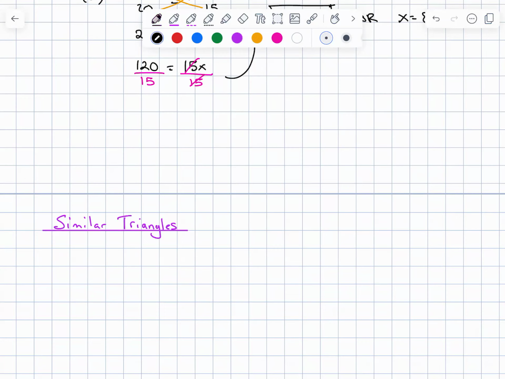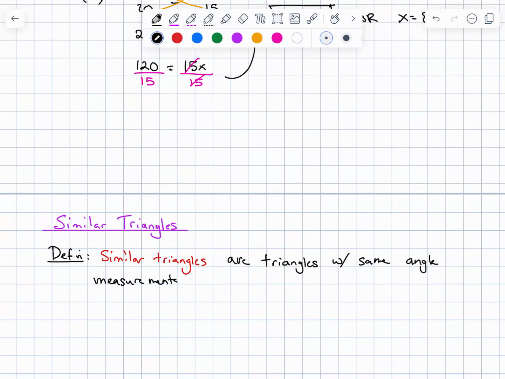The definition: similar triangles are triangles, of course, with same angle measurements but different side lengths.